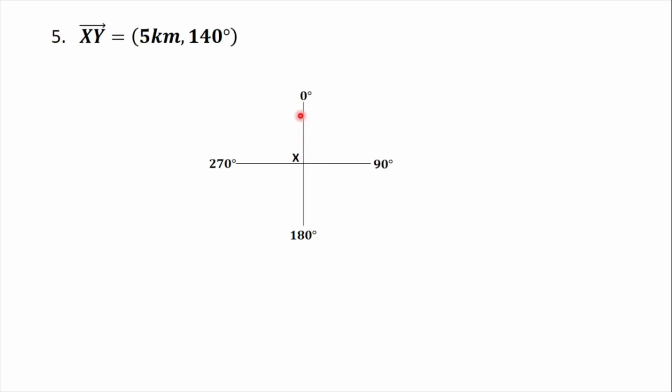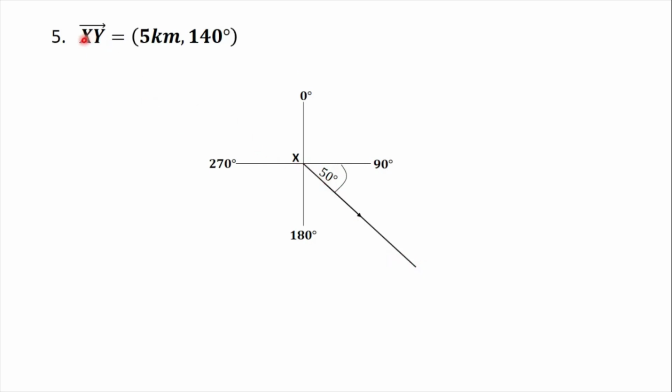Don't forget that we measure bearings from the geographic north. So if you are measuring this 140 degrees from the north here, which is the 0 line, it means that 140 is going to be between 90 degrees and 180 degrees. And if you add 50 degrees to 90 degrees, you get 140 degrees. So it means that this bearing here will be drawn as this.